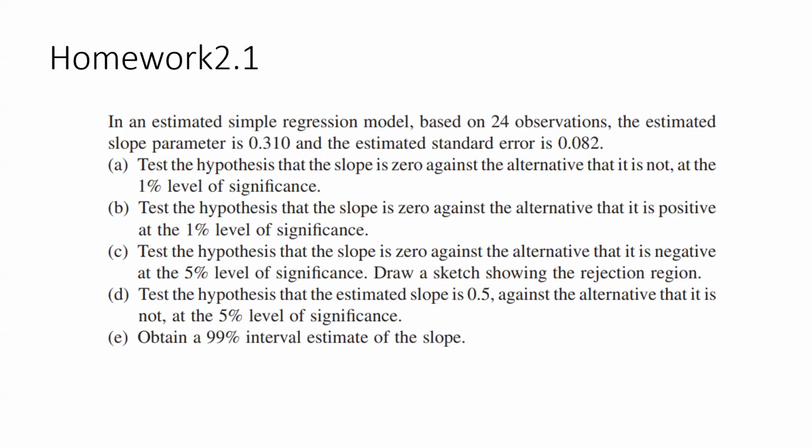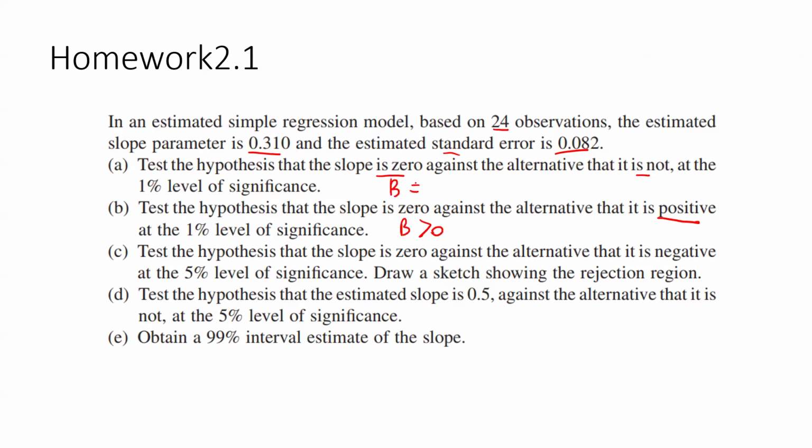Okay, so simple linear regression, 24 observations, slope is 0.31. Standard error is 0.082. A, there's a hypothesis, H0, beta equals 0. Let's try. Second, let's try slope is positive, so let's try beta is positive.